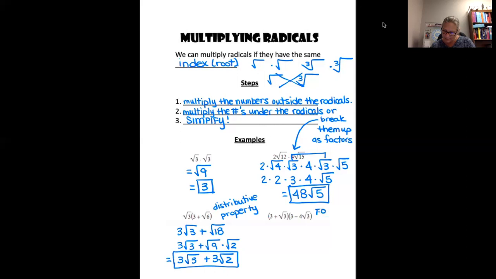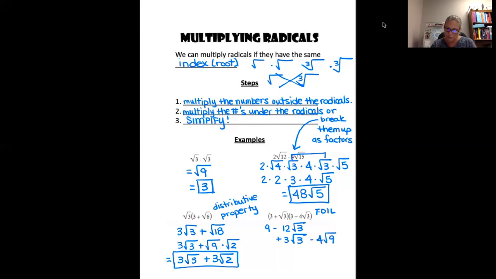In our last example here, we are going to use the FOIL method, first, outer, inner, last. So 3 times 3 is 9, minus 3 times 4 is 12 square roots of 3, plus the square root of 3 times 3 is 3 square roots of 3. Notice how I'm lining up my like terms. And the square root of 3 minus 4 square roots of 3 is negative 4 square roots of 9.